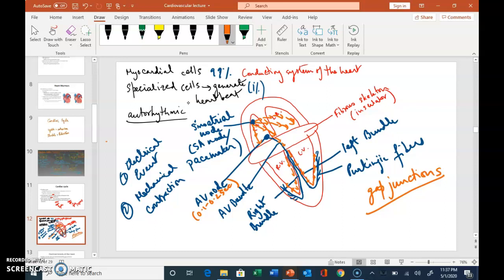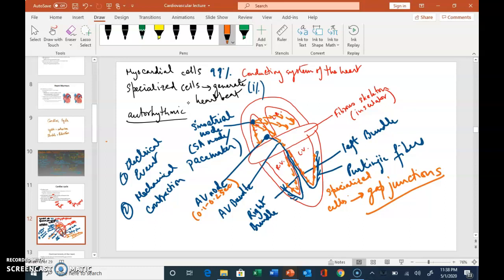Therefore, through these gap junctions, the action potential can flow really, really fast. So let me write this down. The specialized cells are connected to each other by gap junctions.